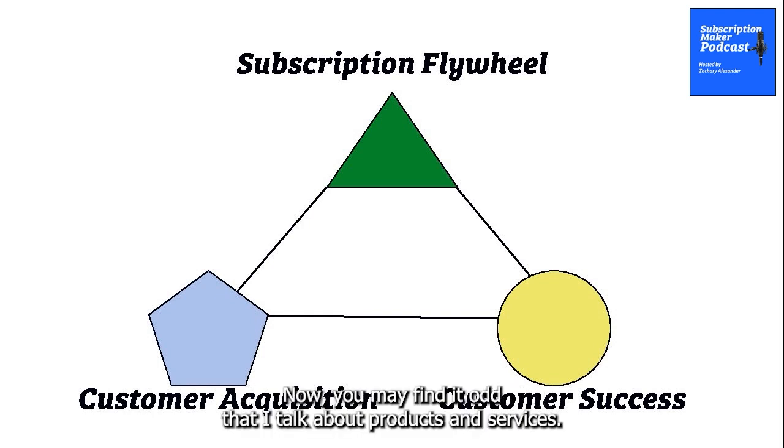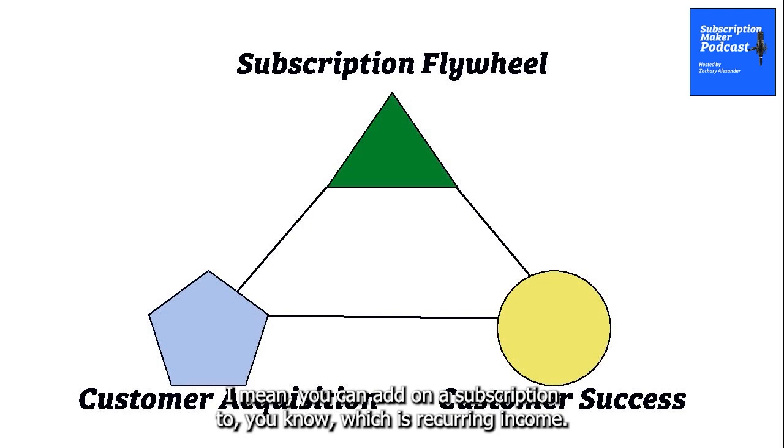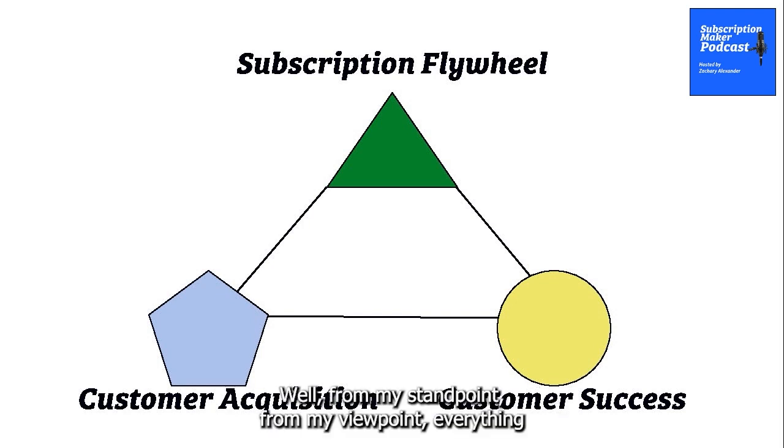Now, you may find it odd that I talk about products and services. From my standpoint, from a service centric viewpoint, everything's a service. I mean, you can add on a subscription, which is recurring income, but from my viewpoint, everything is a service.